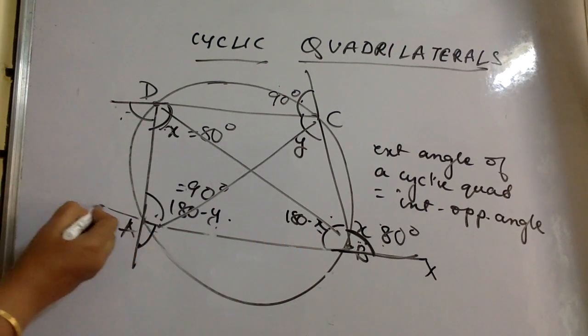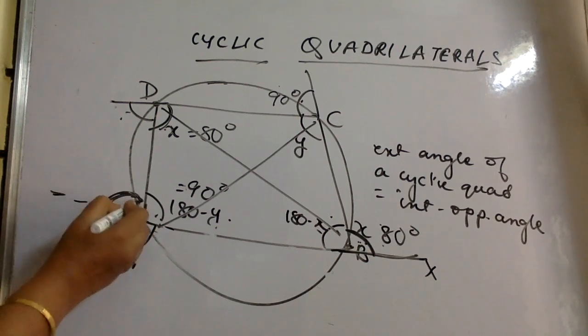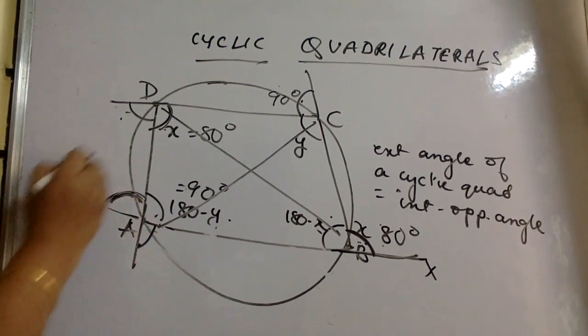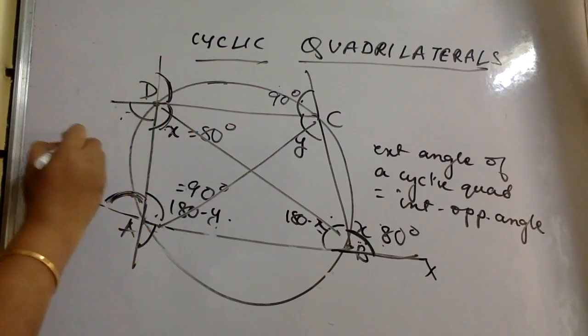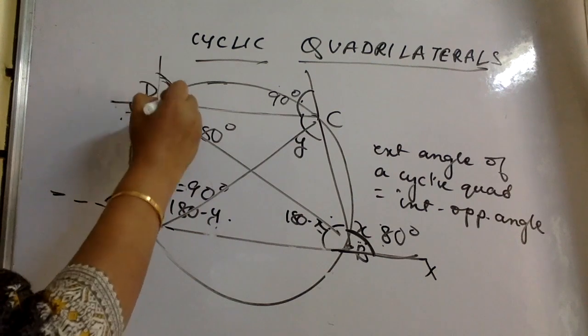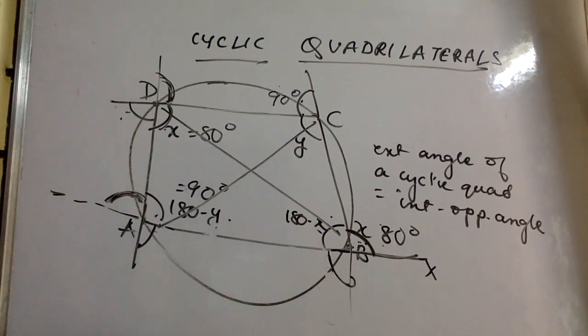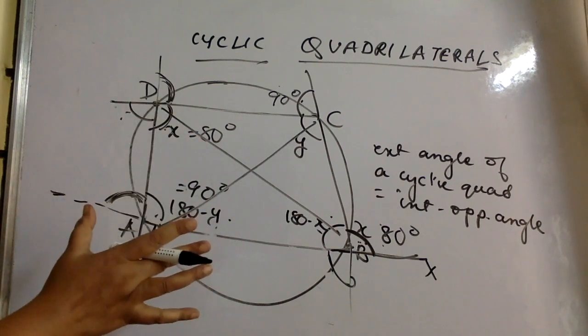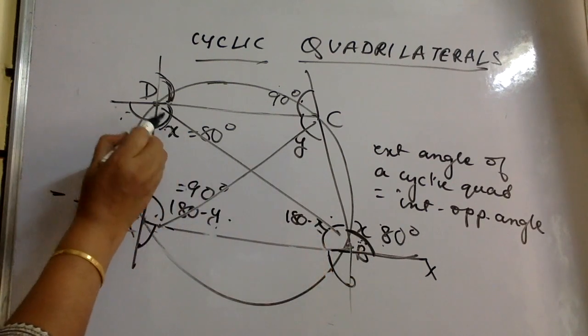We can even make another exterior angle like this. Extend any one of the sides. This is also an exterior angle. If you extend this side, this forms an exterior angle, not this one. The angle with the side of the quadrilateral extended makes an exterior angle. You can form one more here. So you can have two sets of exterior angles, and every exterior angle is equal to the interior opposite angle.